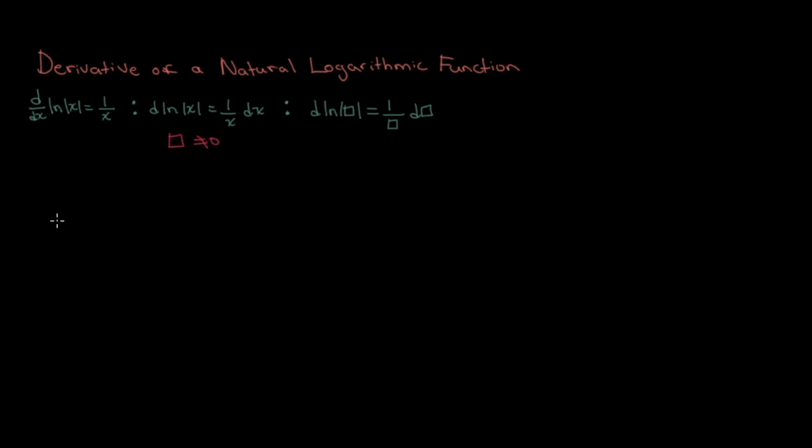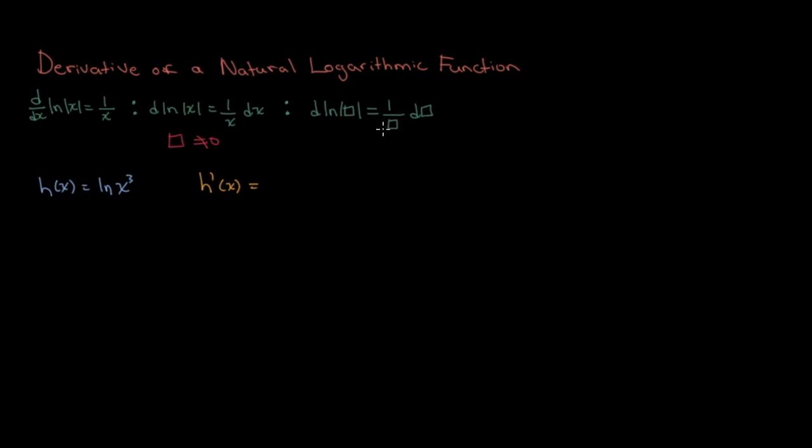So let's do an example here. Let's say we're given a function h of x. h of x is equal to ln, the natural log of x to the power of 3. What would our derivative be? Well, to get this derivative, we just follow the steps above. So it's just going to be 1 over box.